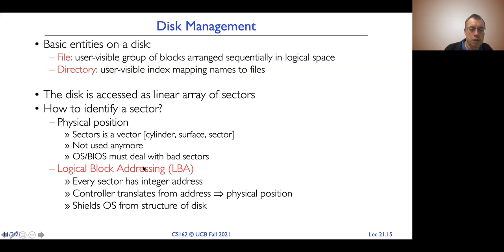Instead, you have logical block addressing, and typically the controller translates this logical block addressing to the physical block addressing. It's something similar to virtual addresses, where the operating system is responsible for translating the virtual addresses to the physical addresses.